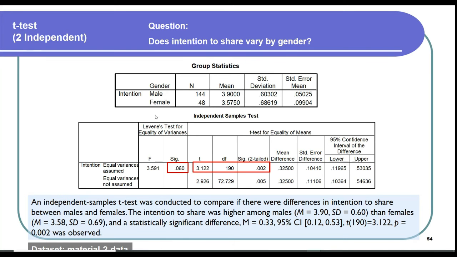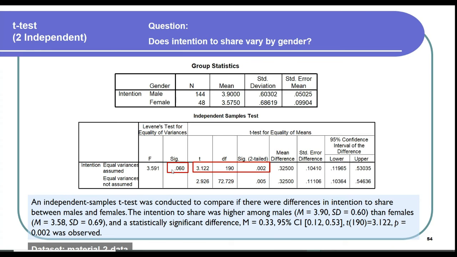The first one is descriptive, and this one is important. You need to look at your Levene's test first. If your Levene's test is significant, meaning that the p-value is less than 0.05, you need to read the second row, which is equal variances not assumed.